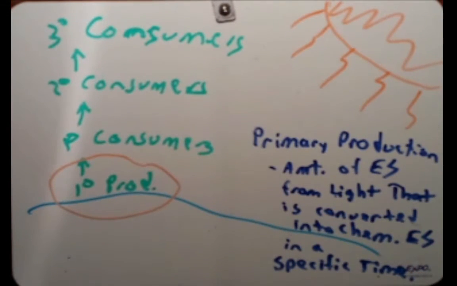That's our primary production. And also remember, when I say chemical energy, really what I'm talking about is the sugars that are produced, the glucose that is produced during photosynthesis.